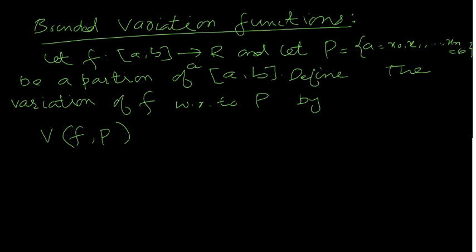It's called the variation of f with respect to the partition P, and that is equal to the summation, i runs from 1 to n, of the modulus of f(xi) minus f(xi-1). It's a non-negative number.